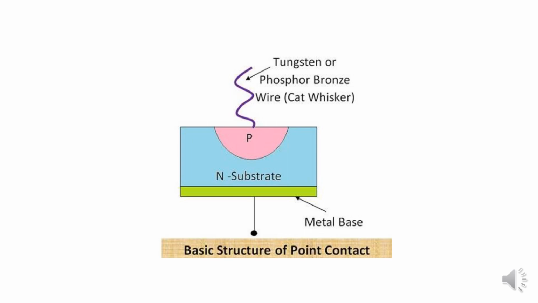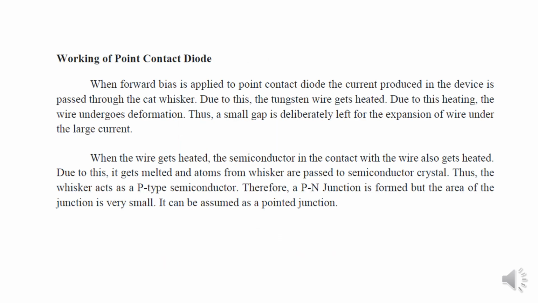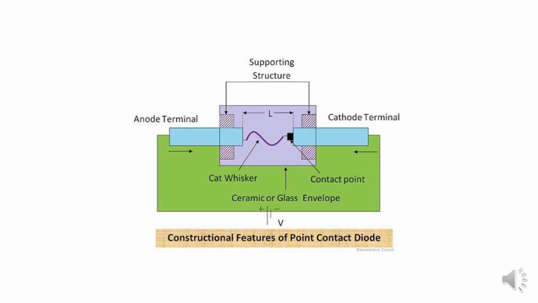The dimensions of the semiconductor substrate are about 1.25 mm square, and its thickness is 0.5 mm. One face of the semiconductor substrate is soldered to the metal base by the technique of radio frequency heating.